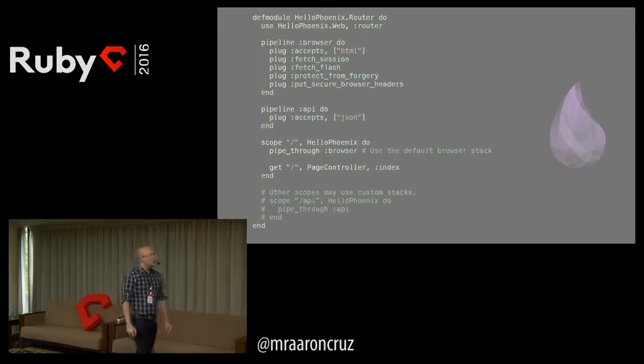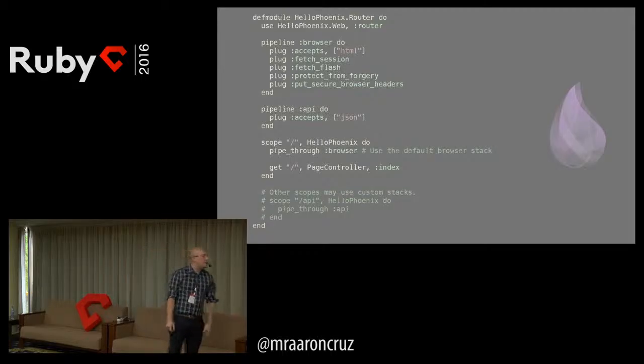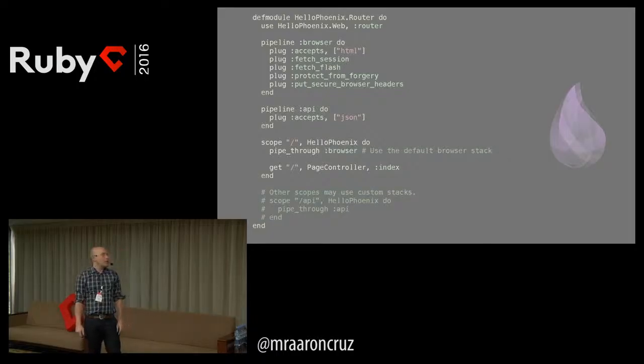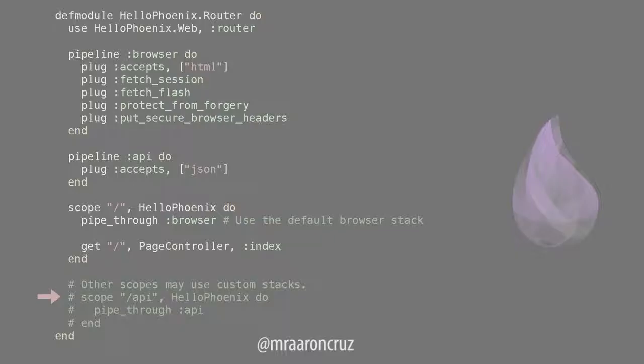So here we have our base scope of the root URL, and then we have a get root URL inside of that that goes to the page controller index action. So really Rails-like. You can see that we're piping here through something called browser. And if you look up here, we have this browser stack. The browser stack uses this thing called plug.